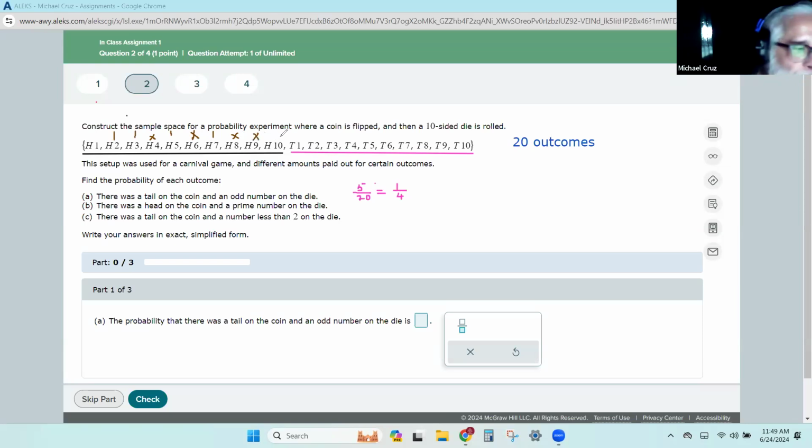Same thing here, this is divisible by 2, 5, and 1, so not that. So it's only these. So the probability of prime and heads, there's only 3 of those. 4.